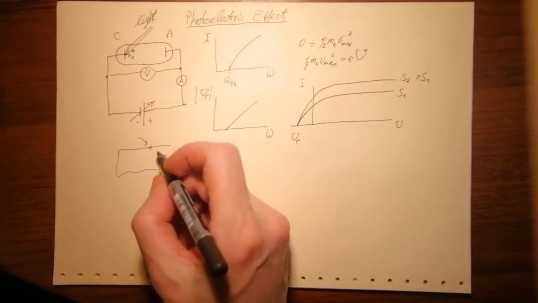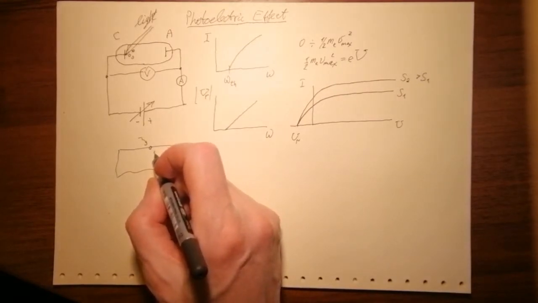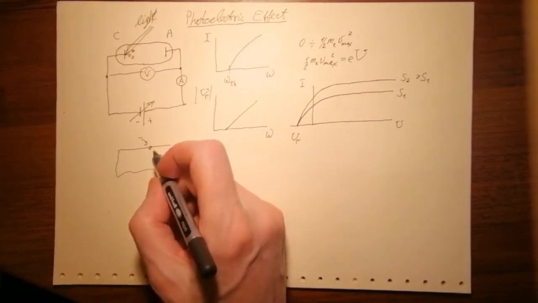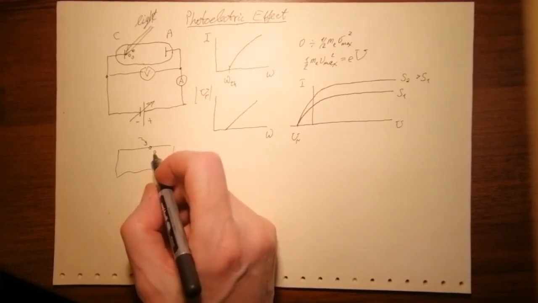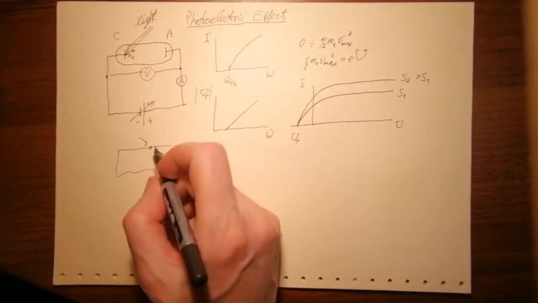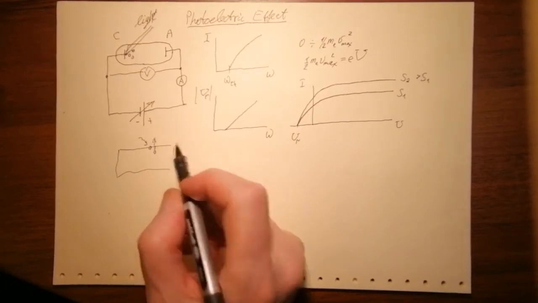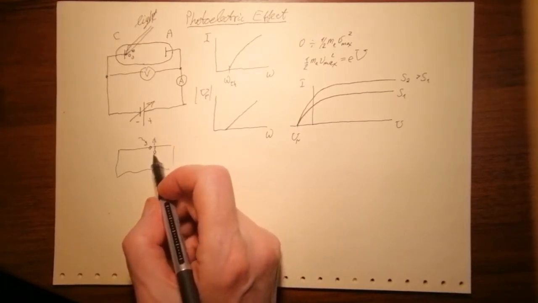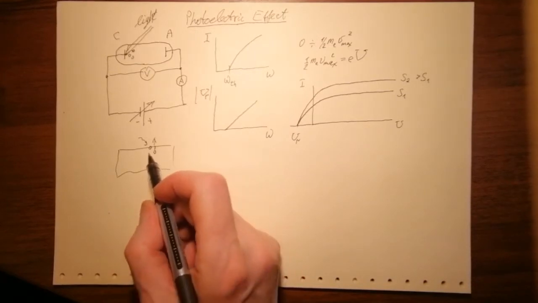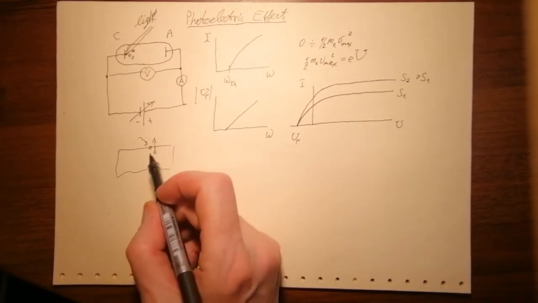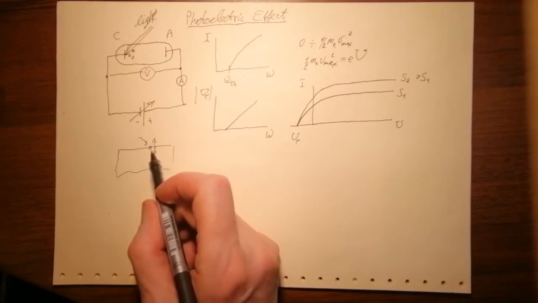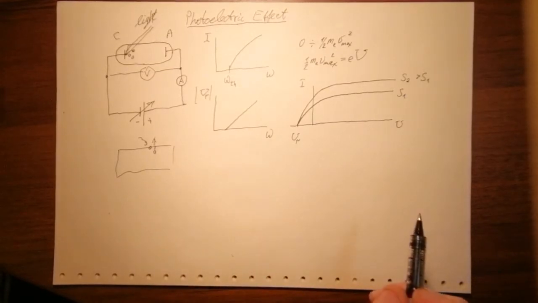But imagine that this electron is somewhere deep, and in this case it can lose some energy on its way, and when it goes out, it has lower energy as compared with the electron which was located at the surface before being emitted.